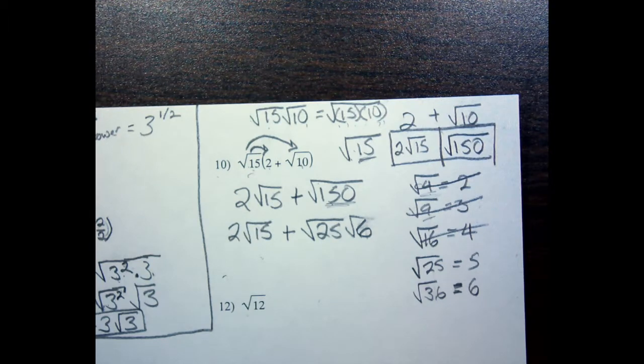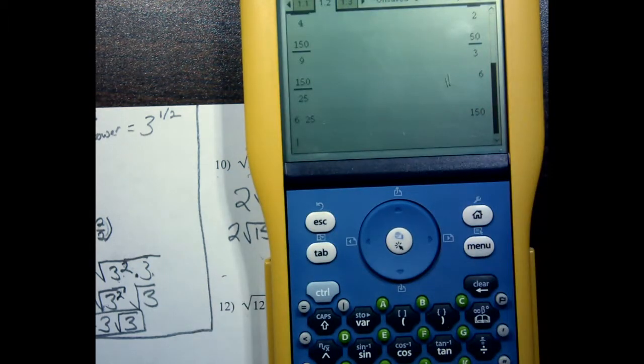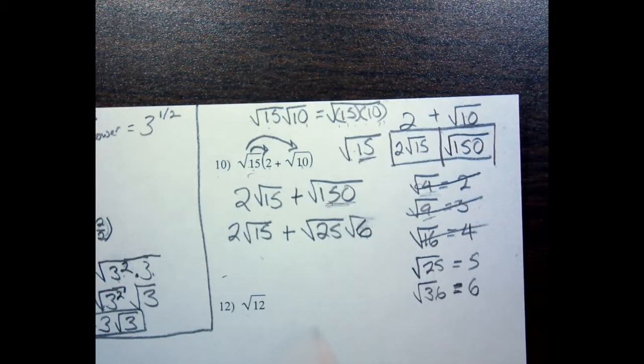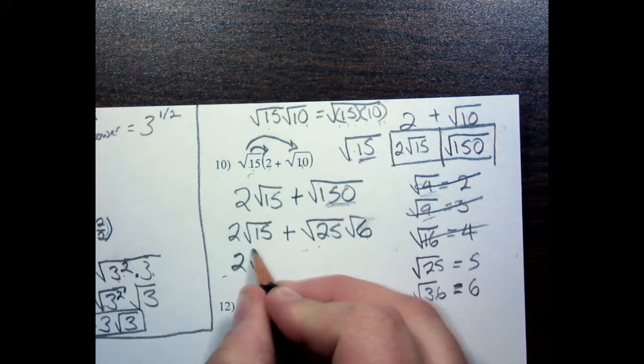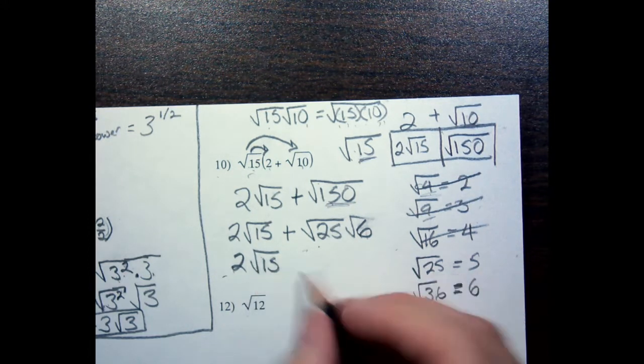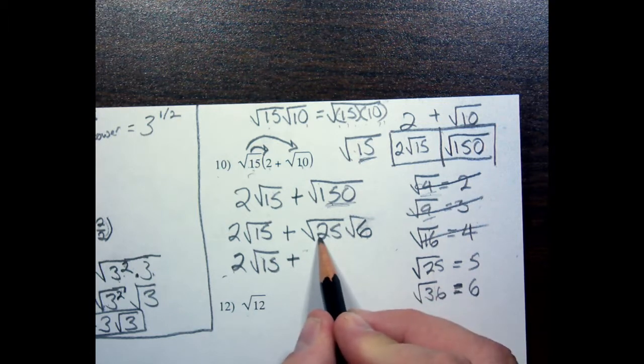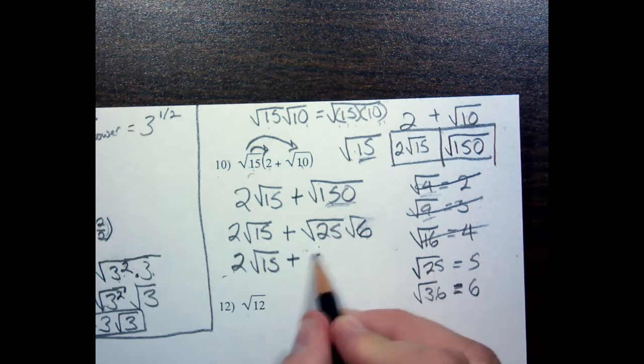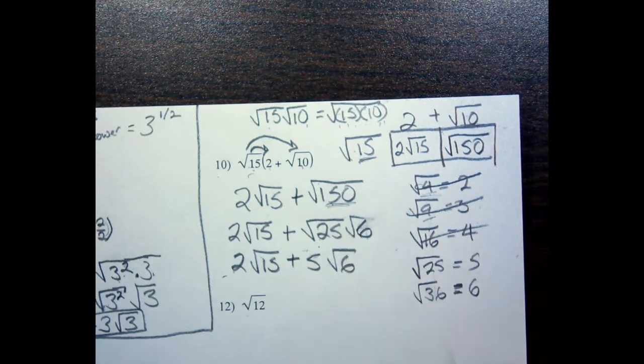What's 25 times 6? 150. So because it's equal to 150, I can do this. But what is the square root of 25? 5. So I simplified this by saying 2 times the square root of 15 plus 5 times the square root of 6.